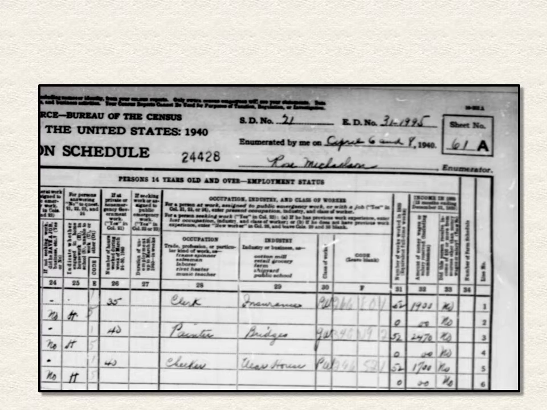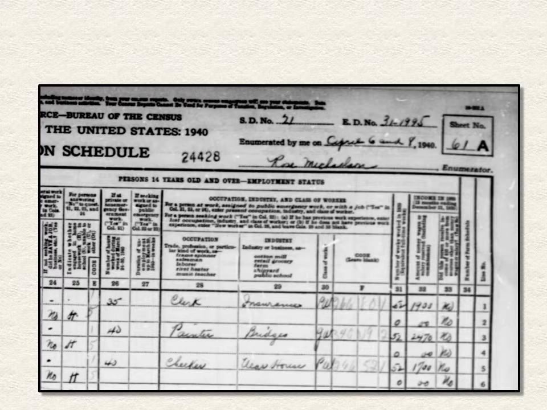The enumeration district, the ED number up there, well, I've been using census district interchangeably, is 31-1995. The 31 is a prefix, which usually denotes a county or a large city. So every ED within that has 31 dash, and this one is the 1995th enumeration district within that prefix.